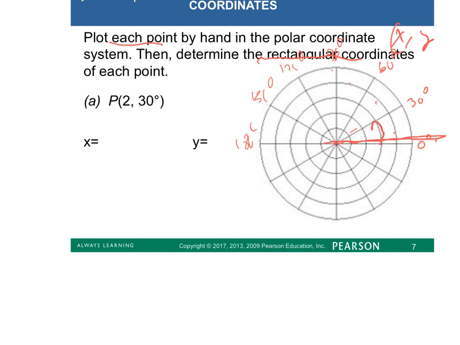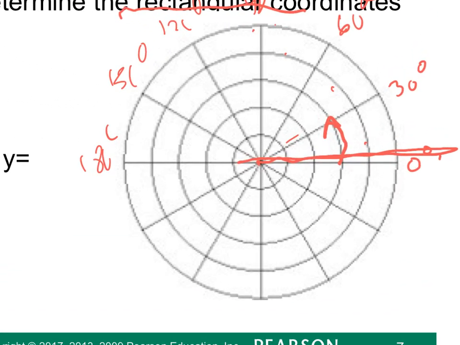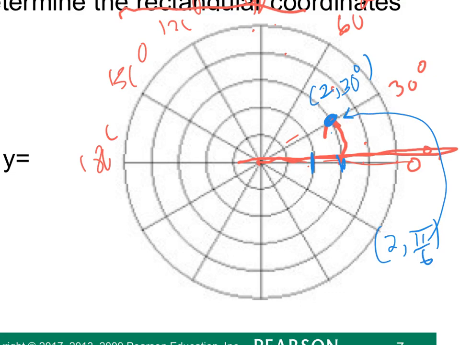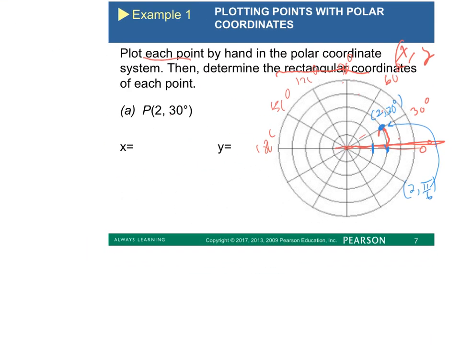Go up 30 degrees, and these concentric rings are supposed to represent units of 1, 2, 3, 4, 5, because if you look down here, they're equally spaced on this polar axis. So 1, 2 means that dot's going right here. It's not a line, and it's not a ray. It's a dot. This is 2, 30 degrees, or pi over 6 radians if I chose to do it in radians. It's just a point. Okay?